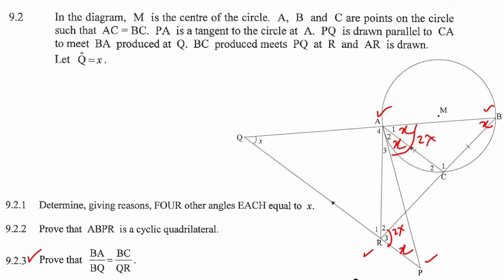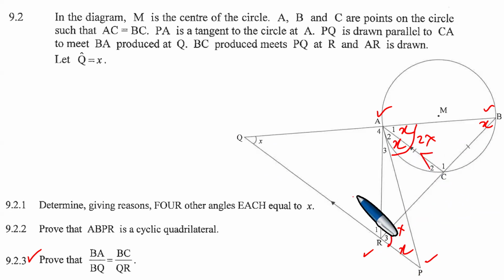Now look at these and think of these very carefully. Just look at BA over BQ, BC over BR.